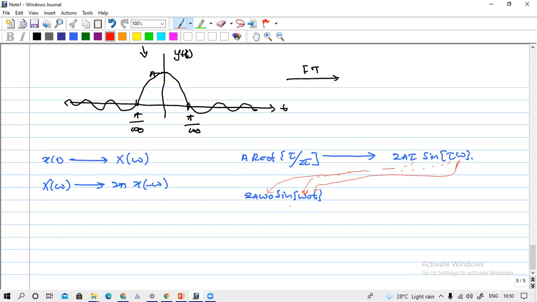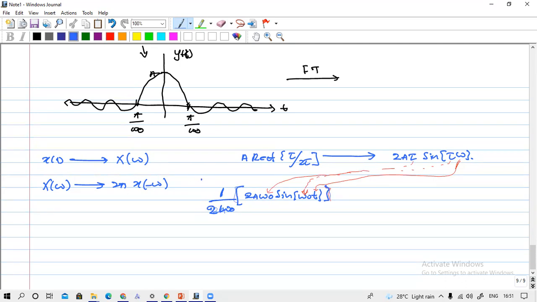So this signal we have, but it should be divided by 2ω₀, correct?